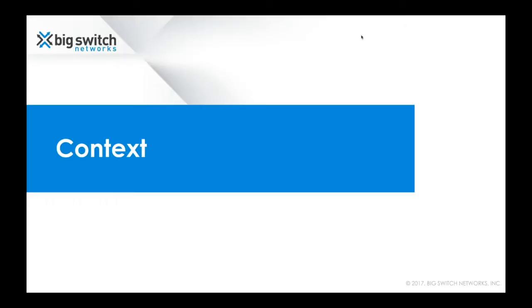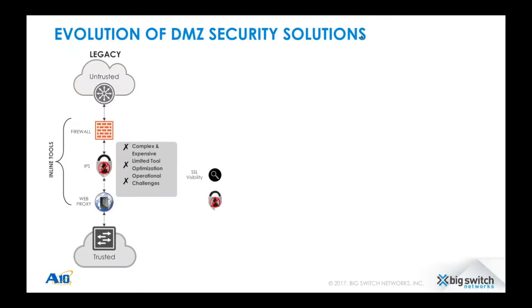So just to provide some context for this webinar, as we all know, the DMZ is a gatekeeper of the data center. It's the place where a slew of security tools are deployed, and traffic potentially needs to go through multiple of these tools. For example, firewalls, SSL visibility appliances, IPS, web proxy.